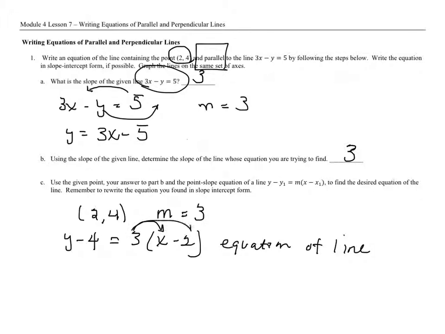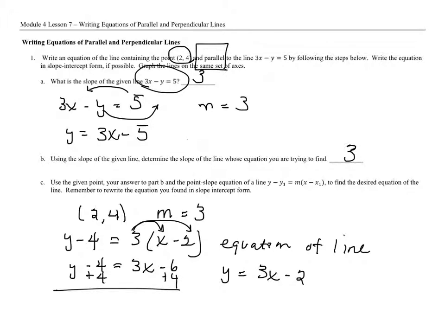So I'm going to distribute the 3. So it's 3x take away 6, y minus 4. I'm going to add 4 to both sides here. So y is equal to 3x take away 2. So what did we find? Well, we found an equation of a line through the point (2, 4) and parallel to this given line.